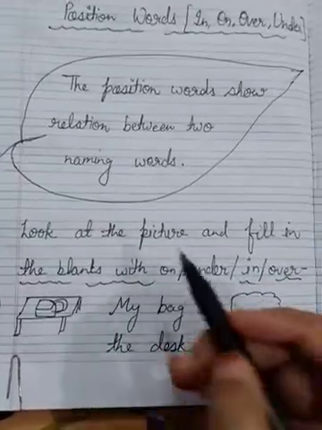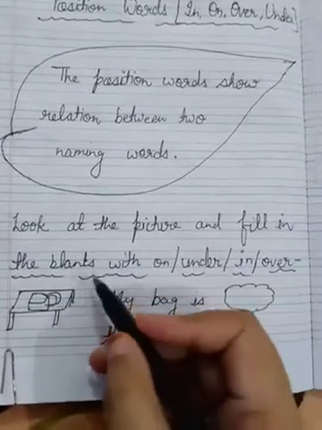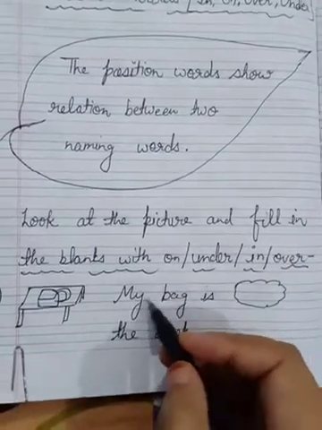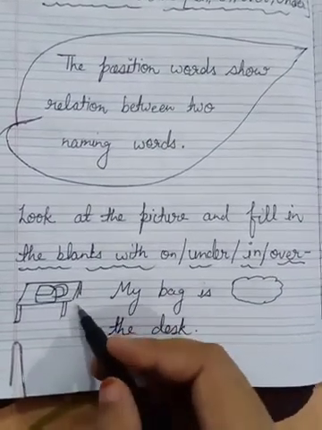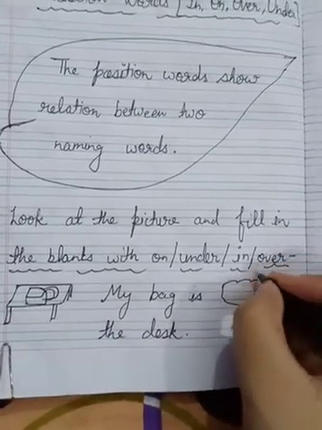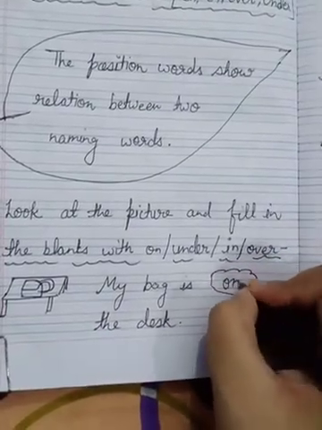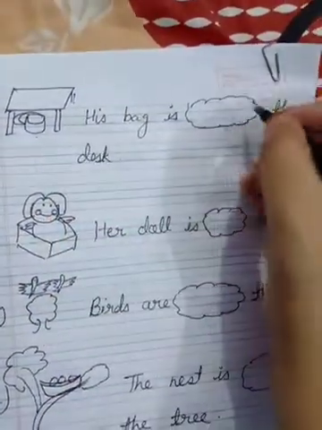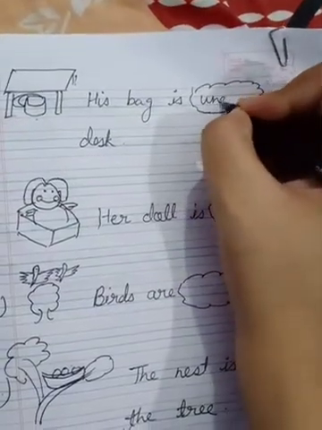Now do the exercise. Look at the picture and fill in the blanks with on, under, in or over. My bag is touching the surface of the table, so my bag is on the desk. His bag, this position, is under the desk.